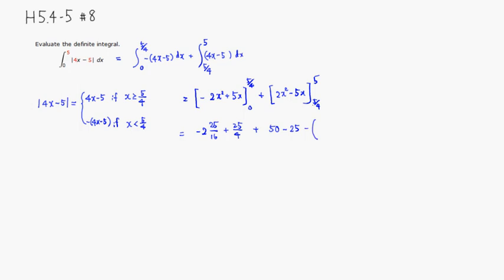Then a minus, and it's the same thing as before: 2 times 25 over 16, and the 2 cancels out, so it's 25 over 8, and a minus 25 over 4.